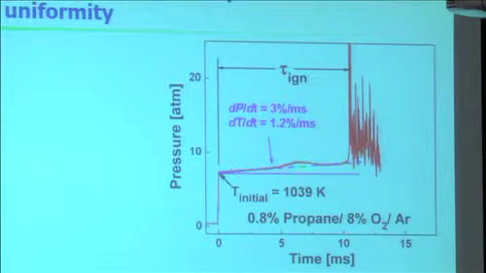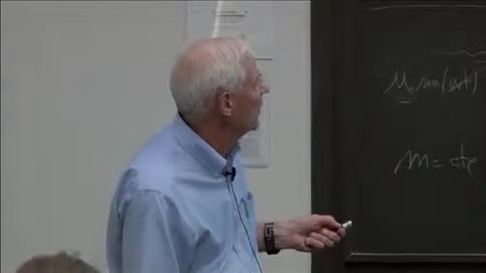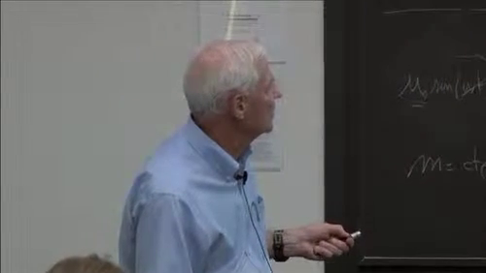But the thing is, if this gamma is about 5/3, then if dp/dt is 3% per millisecond, dT/dt is 1.2%. And if you go out here 10 milliseconds, you've just changed the temperature by 12%. You cannot ignore a 12% change in temperature in chemistry. It'll kill you. But people have been reporting this number. They report that number for this temperature, the initial temperature.